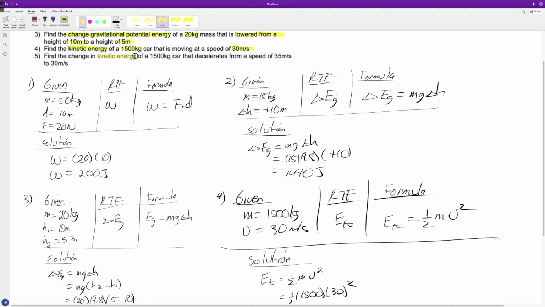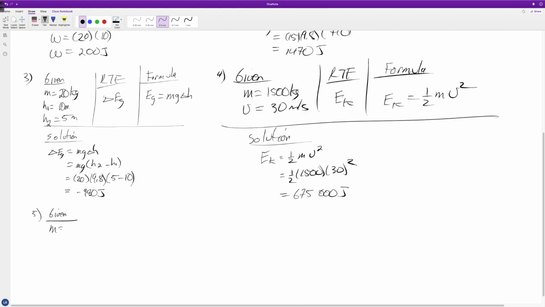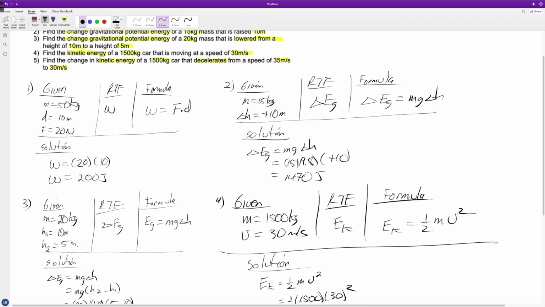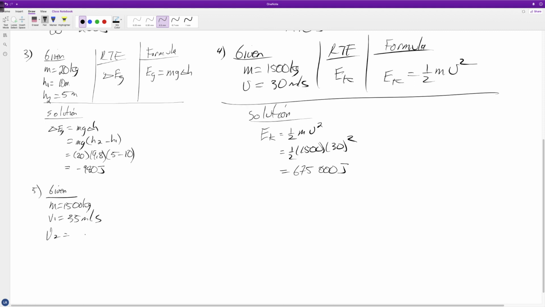All right, let's take a look at question 5. Find the change in kinetic energy of a 1,500 kilogram car that decelerates, which means slowing down, from a speed of 35 down to 30. Mass is equal to 1,500 kilograms. V1 is equal to 35 meters per second. V2, 30 meters per second. We're looking for the change in kinetic energy. The change in kinetic energy is equal to 1/2 m (V2 squared minus V1 squared).